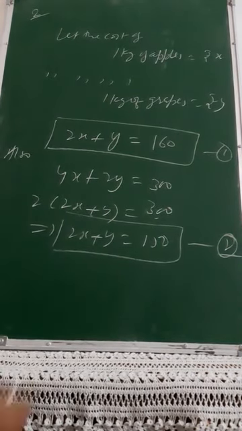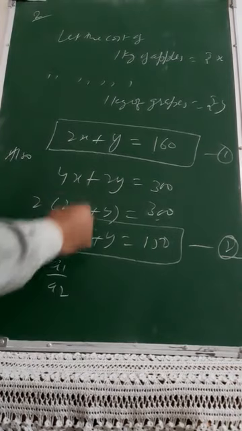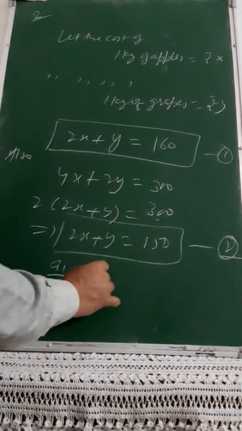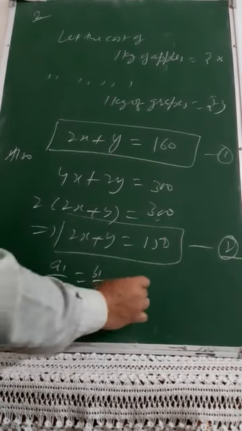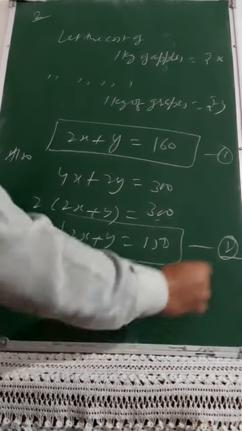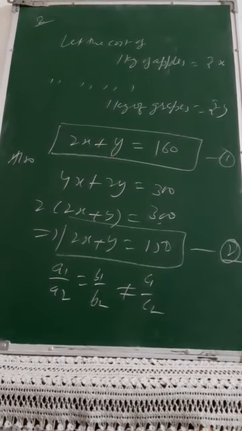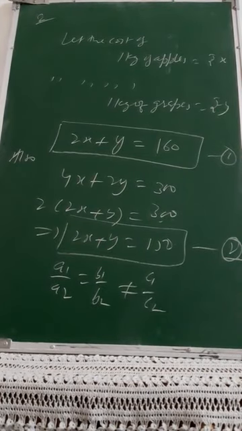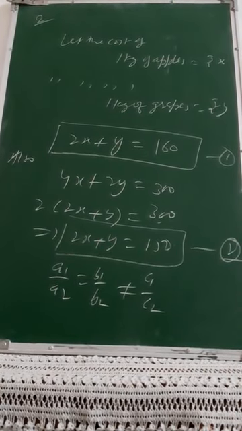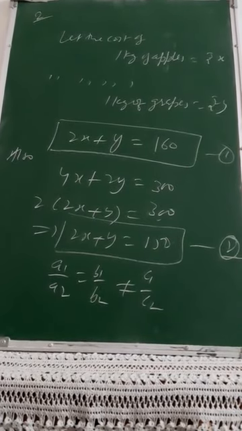Now if you keep a watch, you see a1 upon a2, 2 upon 2 is 1, is equal to b1 upon b2, because 1 upon 1 is again 1, but is not equal to c1 upon c2. So a1 upon a2 is equal to b1 upon b2, but is not equal to c1 upon c2. This means if I draw the graph for this, my lines are not going to intersect anywhere, neither going to coincide.